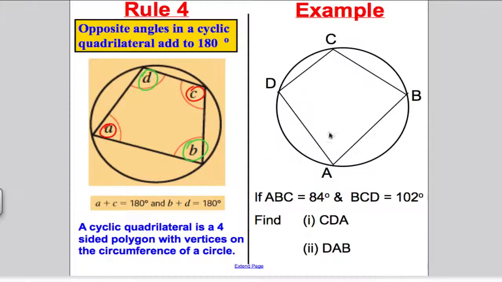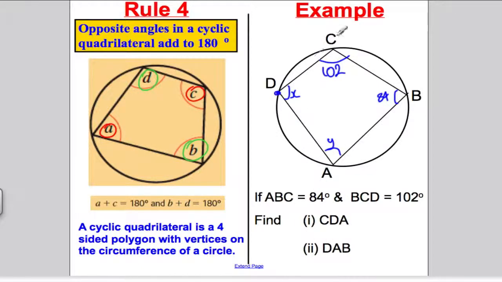Okay, so let's try and use this example here. It tells us that A to B to C is 84, and it tells us that B to C to D is 102, and it asks us CDA, I'm going to call that X, and it asks us DAB, I'm going to call that Y. How would I work those out?